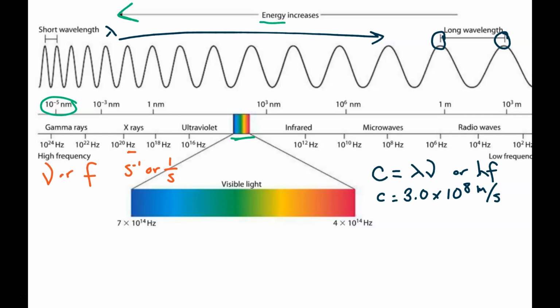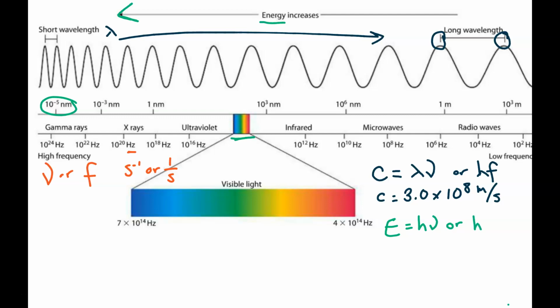And there's a relationship here that we can use, but let's think for a second. If energy is inversely proportional to wavelength, and frequency is inversely proportional to wavelength, then in fact our useful equation here relates energy directly to frequency using a constant.